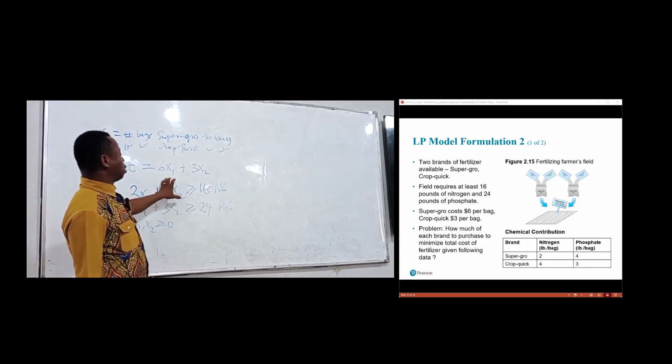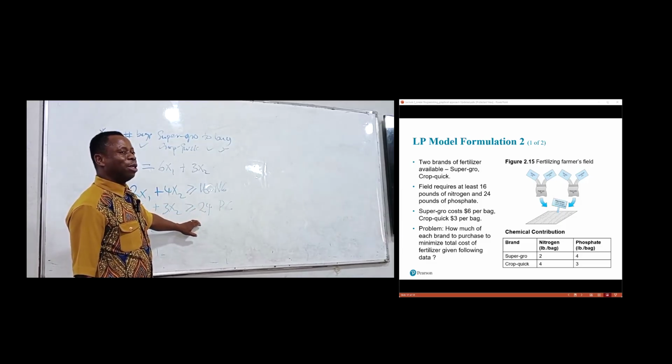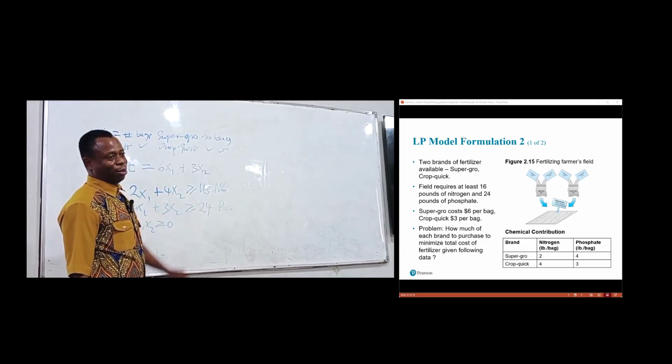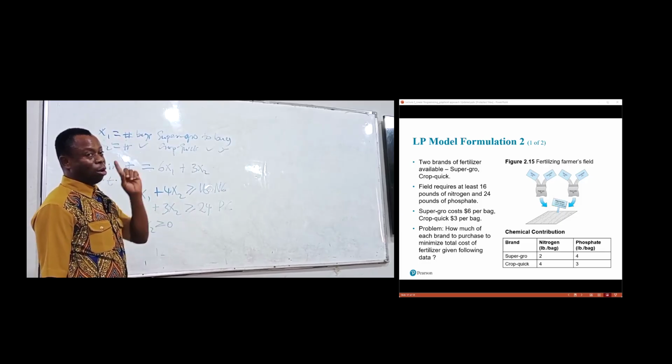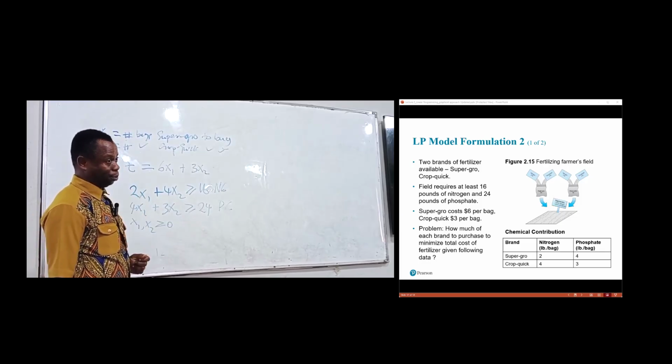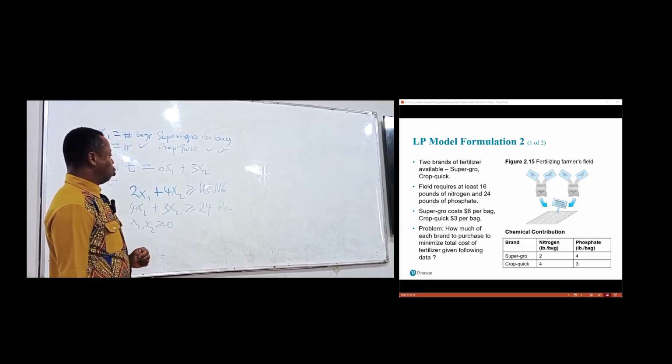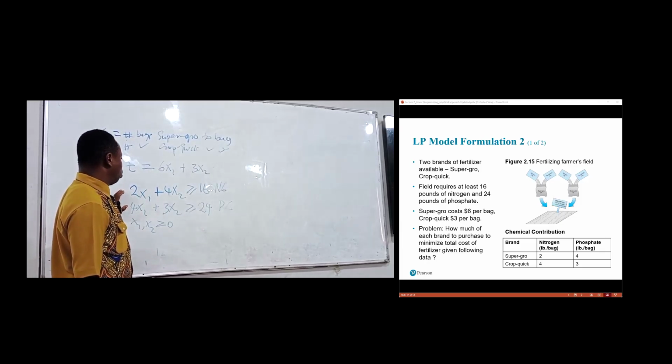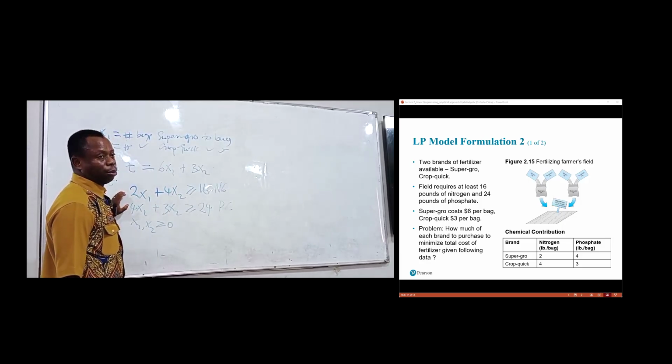Here, when you find x1 and x2, they will be the intersection points, one of the solution points. So you have to find x1 and x2, then you have to find all the corner points.